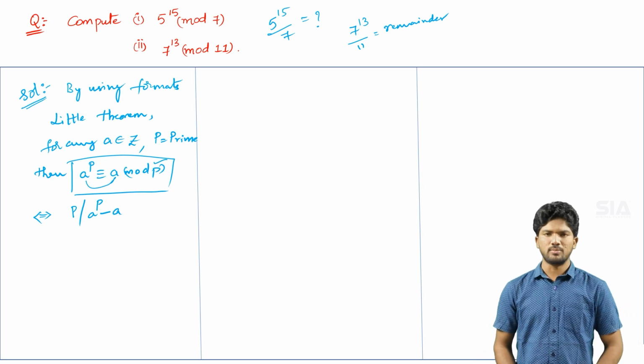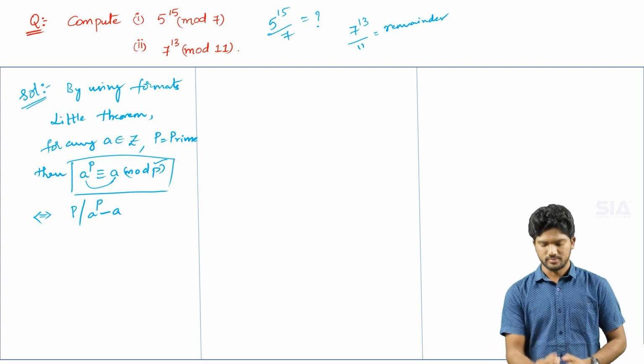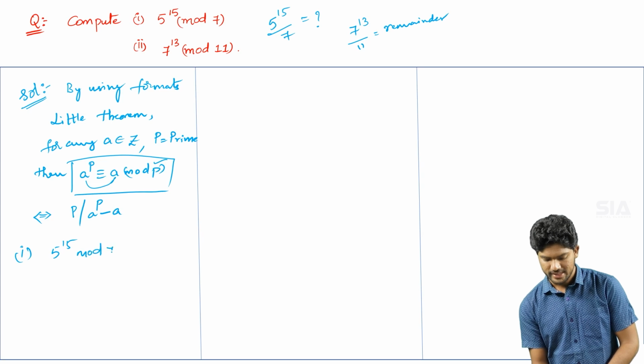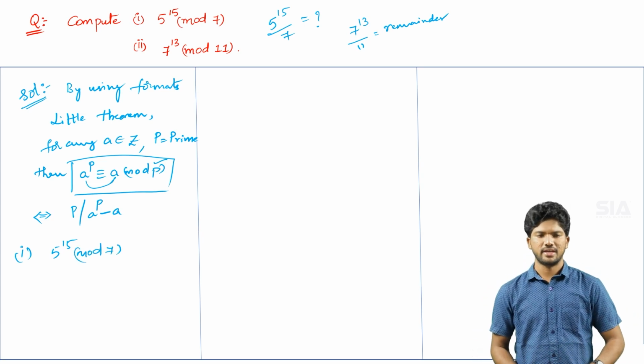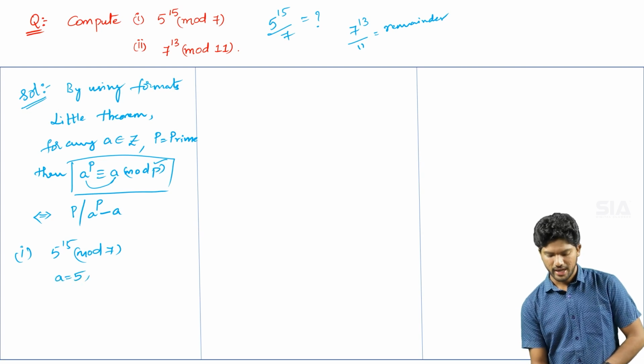Now in this problem we have 5 power 15 modulo 7. Let me take the first problem and compare it with Fermat's little theorem. Here a is equal to 5 and the prime number p is equal to 7.